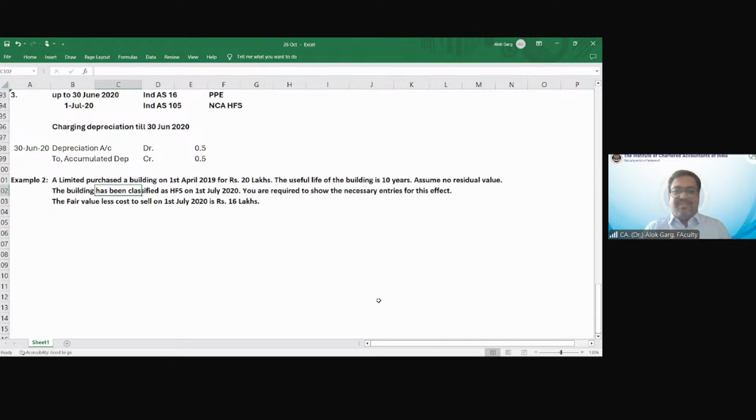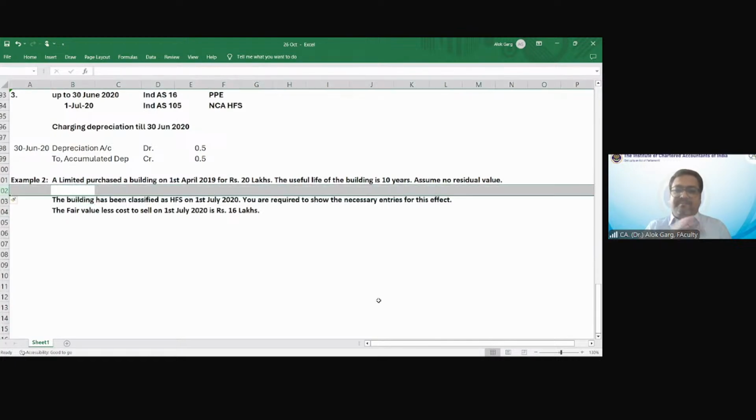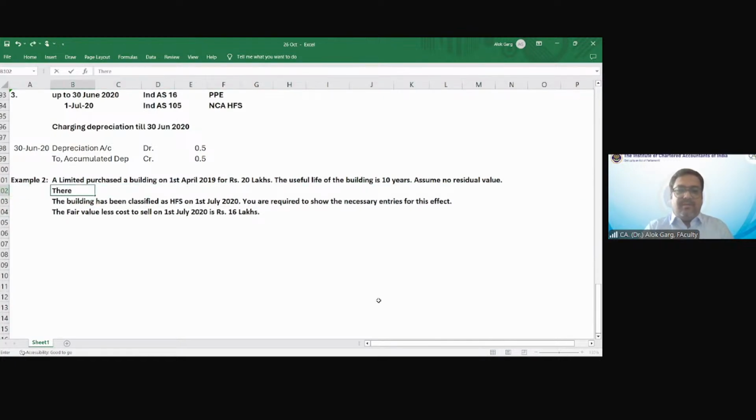There is an impairment loss on this building as on 31st March 2020 for rupees 1 lakh.